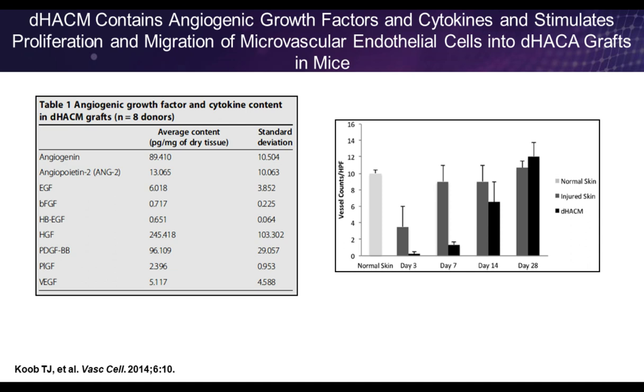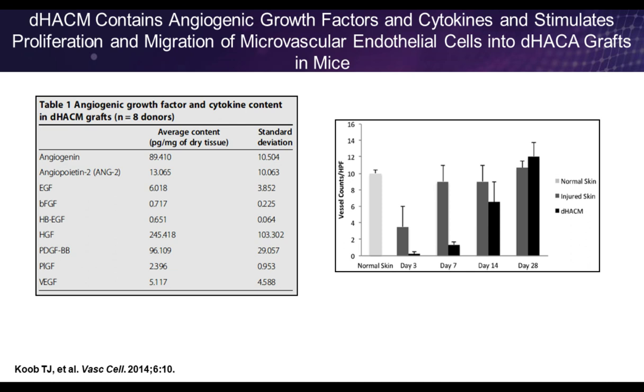And so you can see, particularly by day 28, that in the area of an injury that has been treated with the membrane, the active growth factors and cytokines from the amnion chorion membrane are actually stimulating the proliferation, migration, and formation of new vessels into the ends of the graft area in these mice.